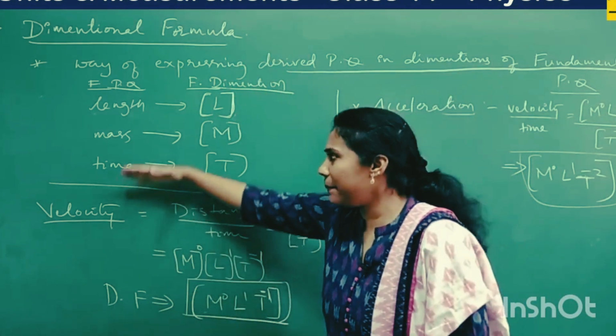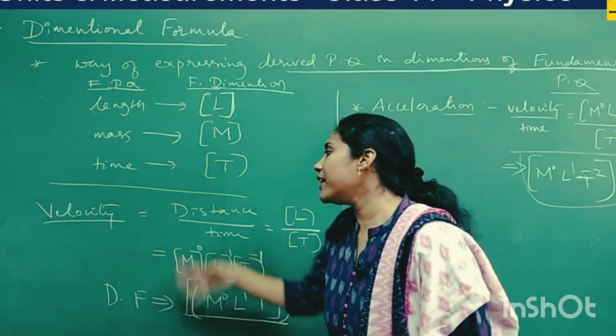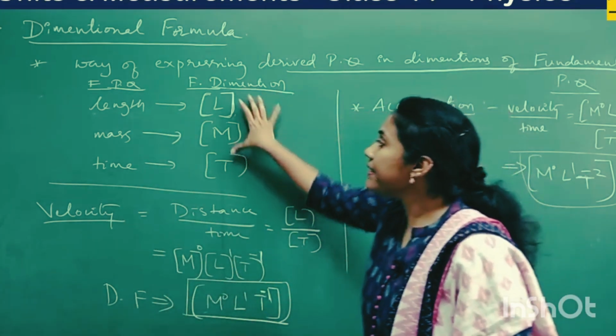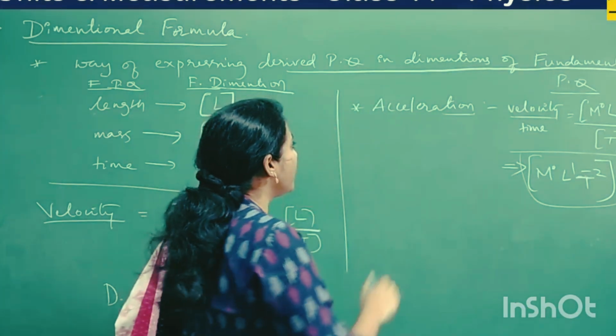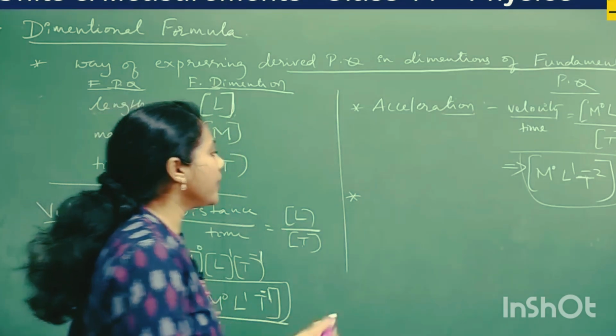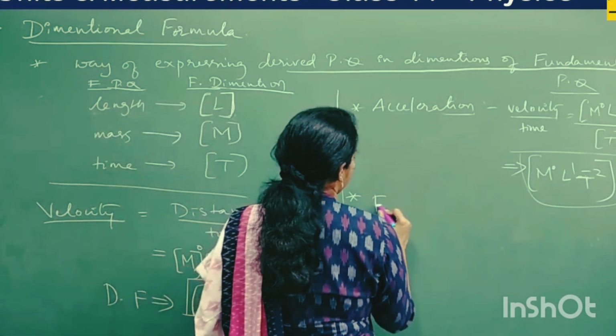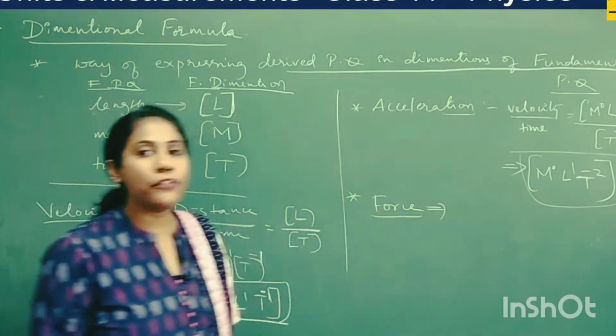Other fundamental quantities you will also use, but the majority of derived formulas you can express in these three terms. Clear? Let us go for a few more examples. You can take force. What is the dimensional formula for force?